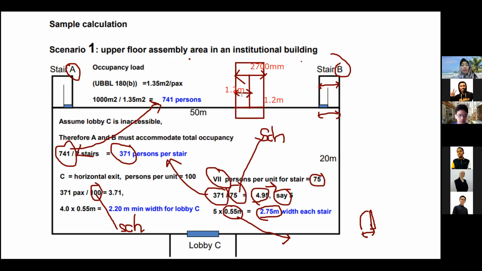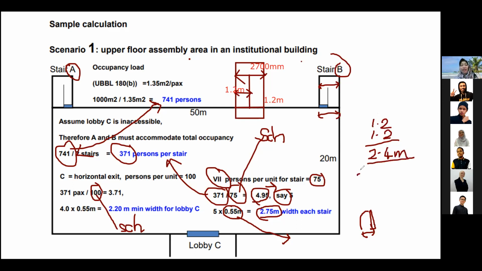What is the balance? 1.2 plus 1.2, why? To calculate this staircase. 100 left. 300 is wrong. 3 meters. This is meters, not 300. So it would be 1.35.